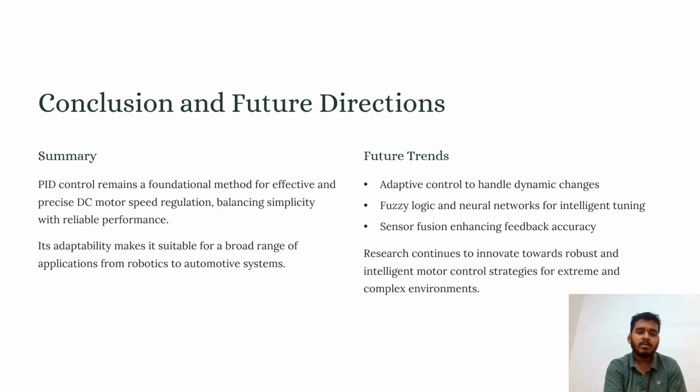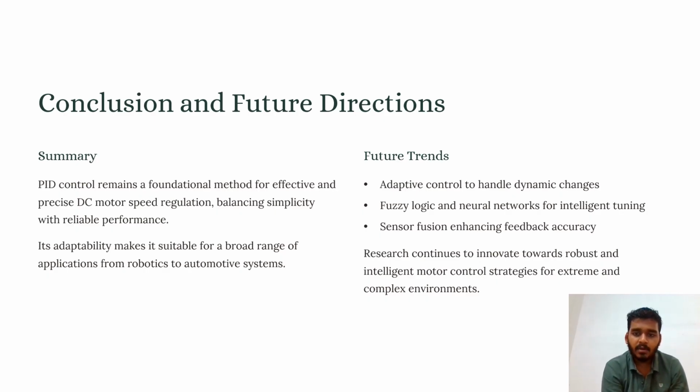And conclusion and future directions. Summary: PID controllers remain the foundational method for effective and precise DC speed regulation, balancing simplicity with reliable performance, and their adaptability makes them suitable for a broad range of applications from robotics to automotive systems.